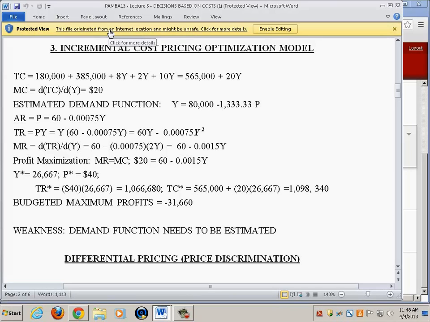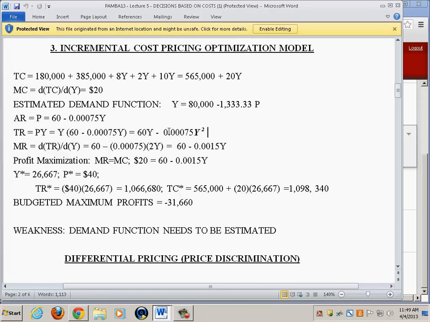Once we have the total revenue, we can get the marginal revenue by differentiating the total revenue with respect to y. That's what we do. We take the first derivative of total revenue with respect to y. So we are differentiating this function. First derivative of 60y with respect to y is 60.